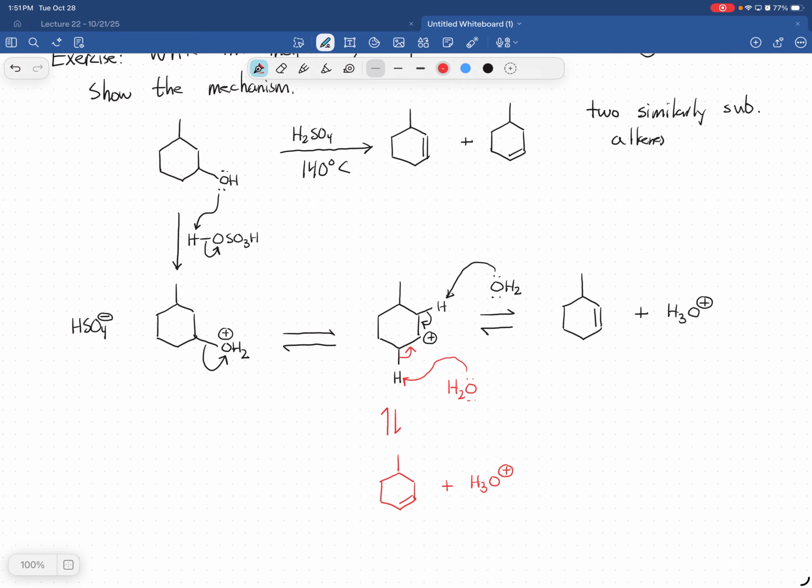Now, on say an exam or something, you might be asked to draw the major products, and then a follow-up question might be, all right, well, say you have two different alkenes being formed. Suggest a mechanism or suggest an intermediate that can give you a reason why two products form, and you would show something like that.